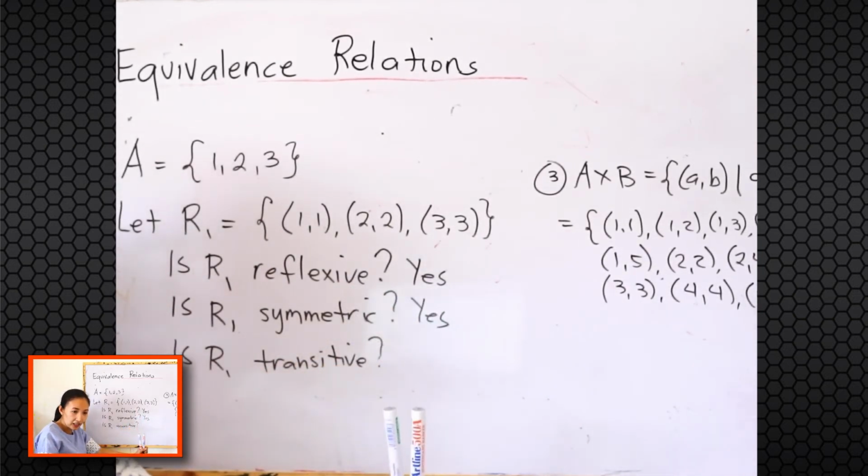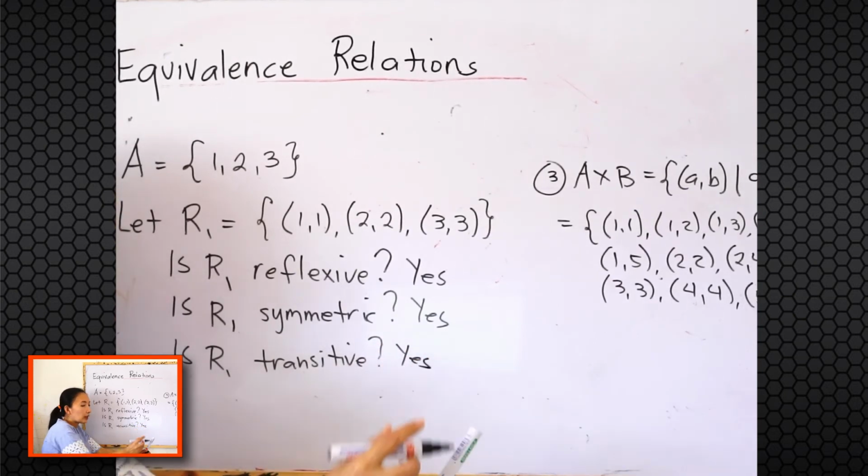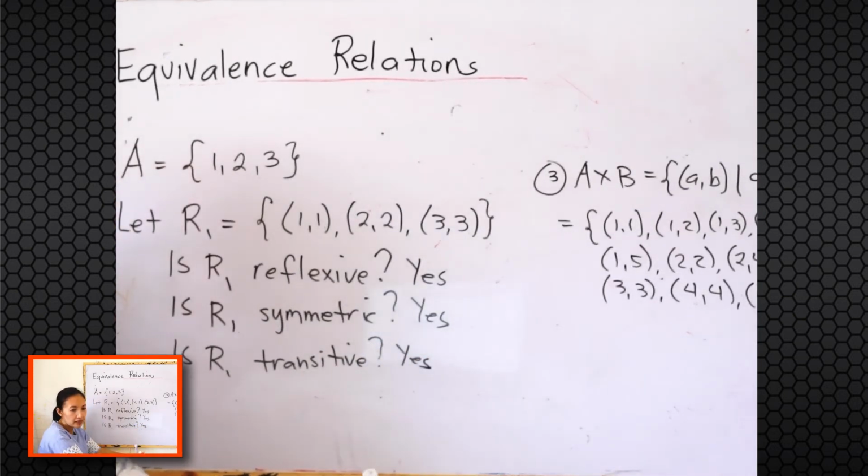This is also transitive. Therefore, R1 is an equivalence relation. It may not be very clear to you yet, but if we proceed to the second example, you will have a clearer and better understanding of equivalence relation.